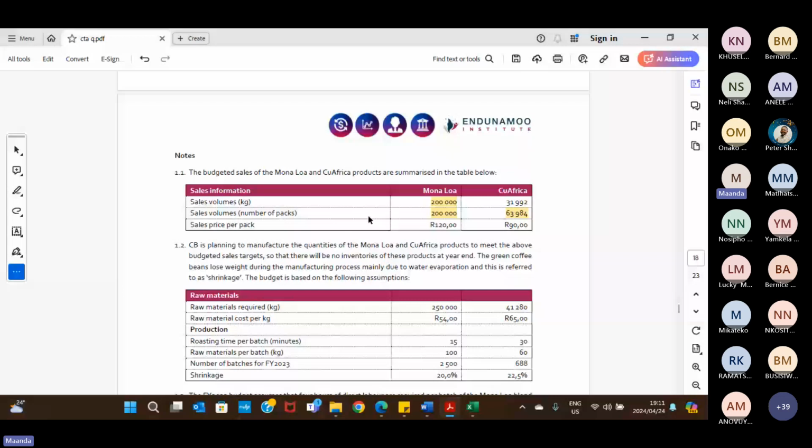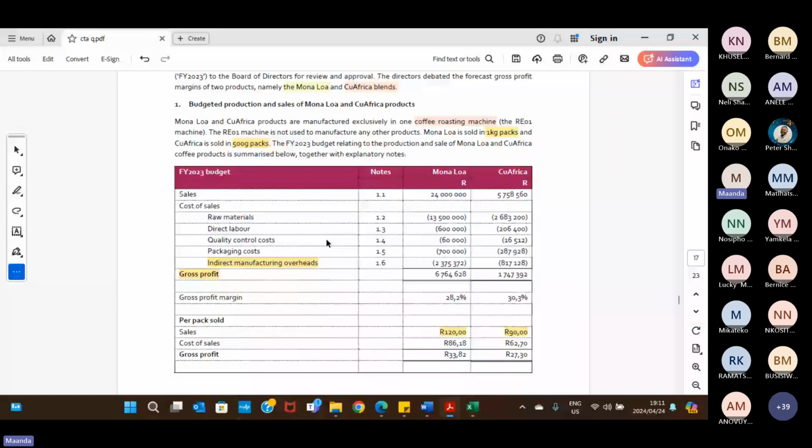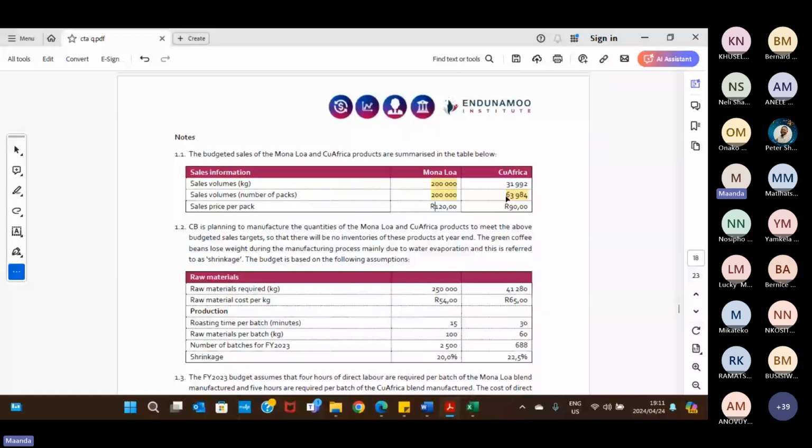Then the sale again per pack becomes what? And remember with the volume, this is in kg. If this is in kg, remember we then sell in 500 grams. Hence you see the volume doubling here, because if this is the kg and we sell in 500 grams, this becomes the number of packs that we sold.